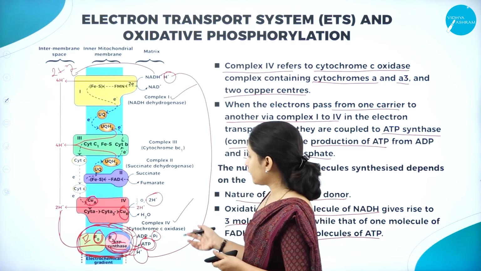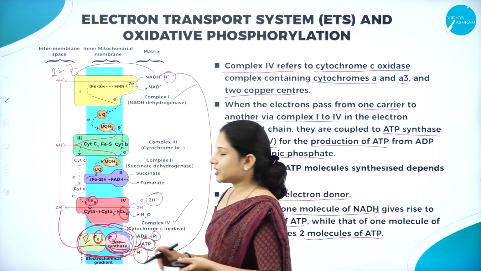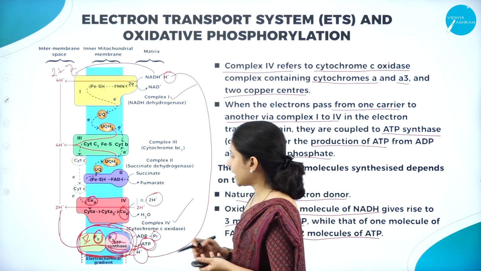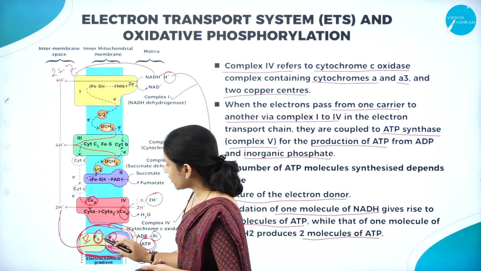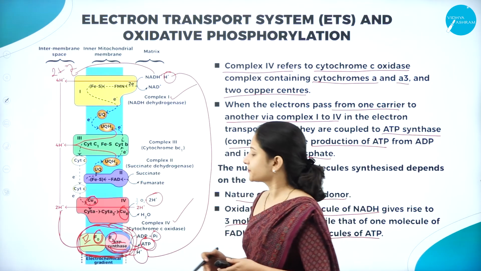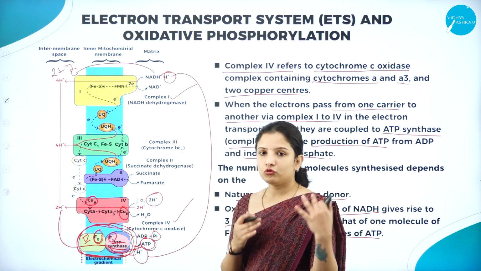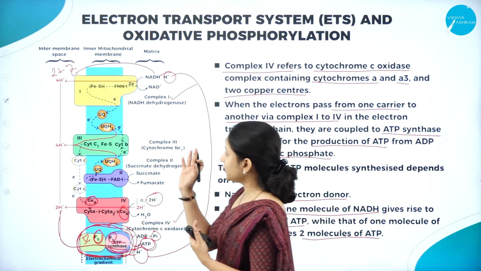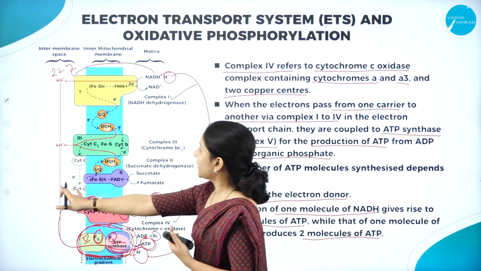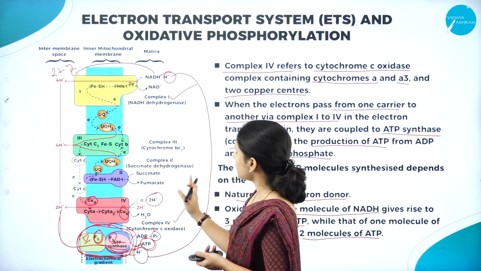Wherein the phosphate groups get added to the ADPs, therefore the ATP can be produced. Apart from that, this is made up of two important complexes, that is the F0 complex and the F1 complex. The F0 complex actually helps in the movement of protons from the intermembrane space. It will help them to pass through the inner mitochondrial membrane and then into the matrix.